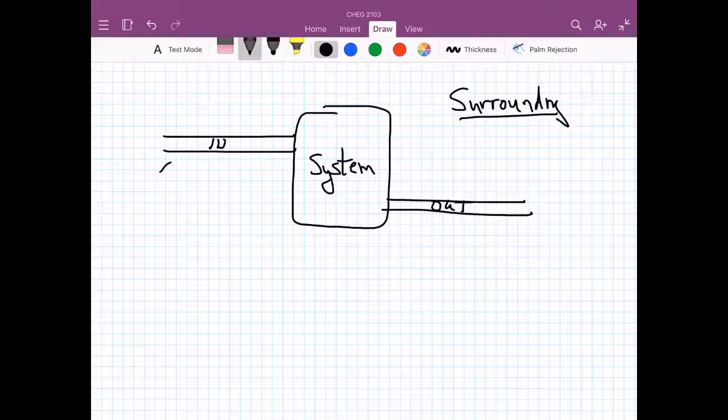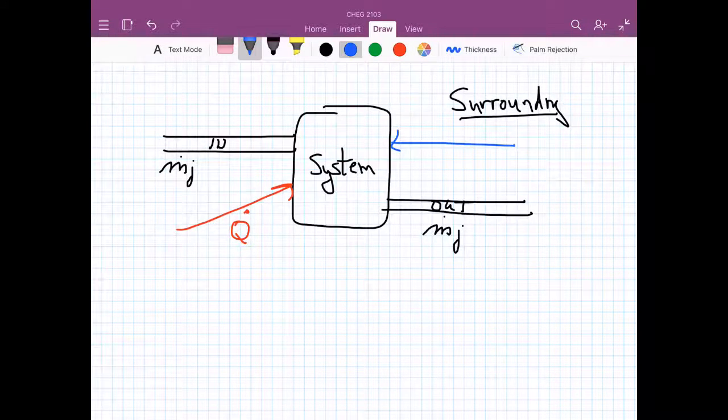So we'll call this flowing in at some mass flow rate J, this flowing out at some mass flow rate J, and I can add or remove some amount of heat to the system Q. I can add or remove some amount of work from this system W. So what I want to do is develop what the energy balance for a system like this needs to look like.